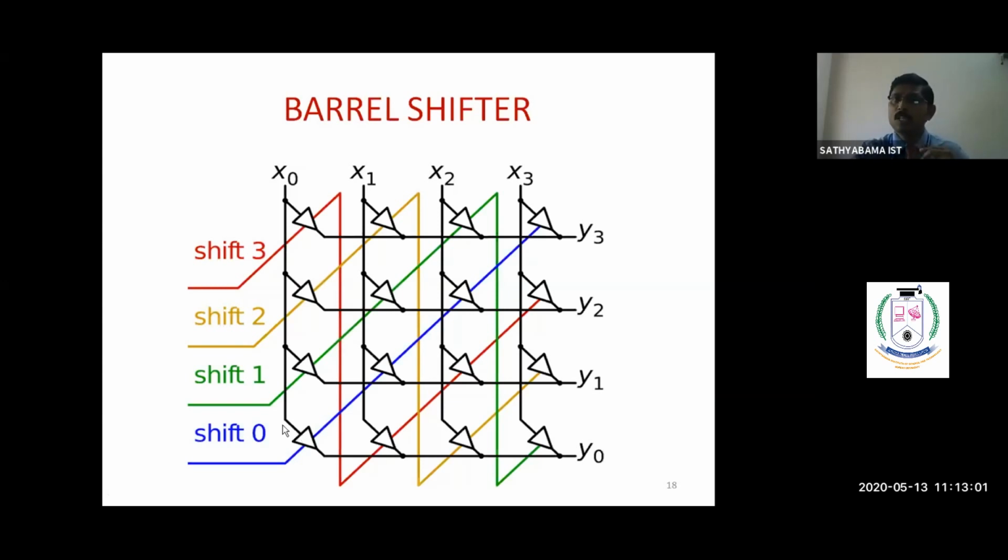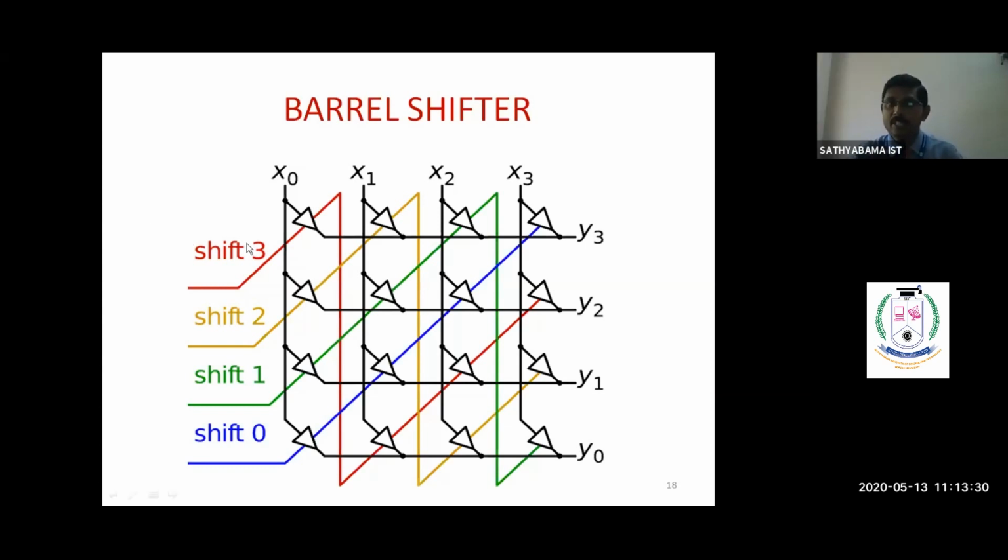Similarly, if I want to shift 2 bits at a time, instead of 1 bit, I want to go for 2-bit shifting. For that case, these transistors are getting activated. Therefore, this X0 value is coming through this transistor to Y2, and this X1 value is coming through this transistor to Y3. Therefore, X0 is coming to Y2 and X1 is coming to Y3. Similarly, this X2 is coming to Y0 and X3 is coming to Y1. So like this, we can make the 2-bit shifting.